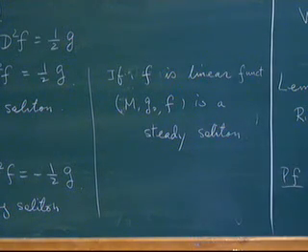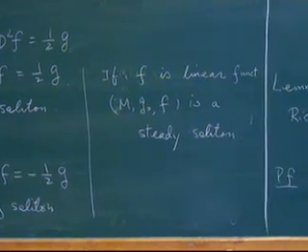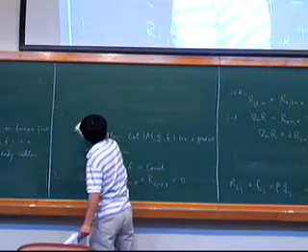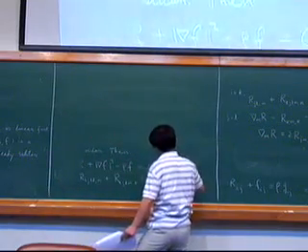Also, I would like to mention that S2 cross R is also a shrinking soliton.